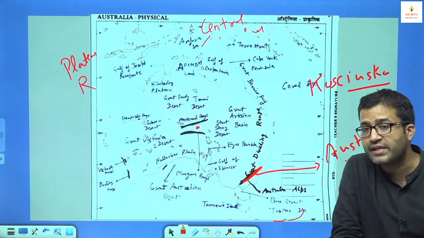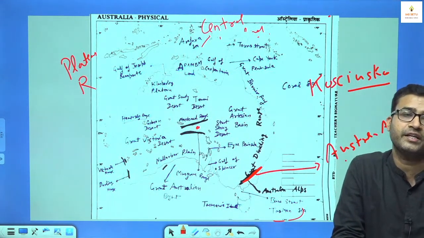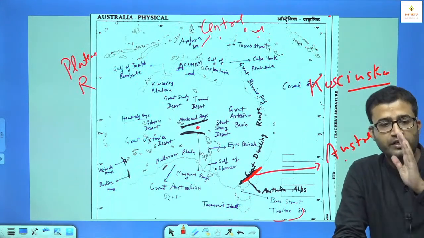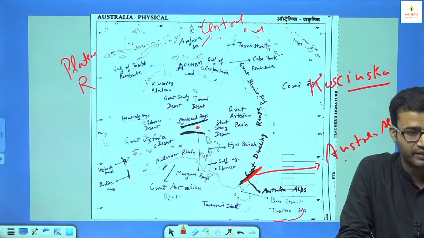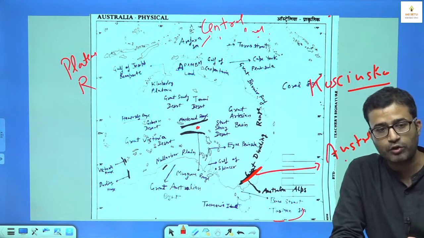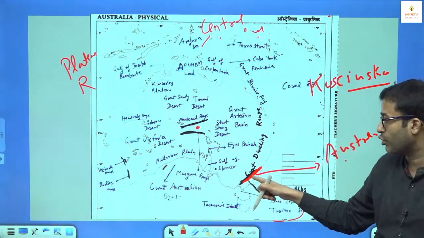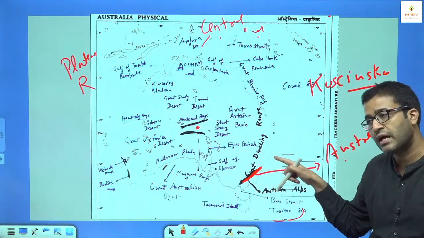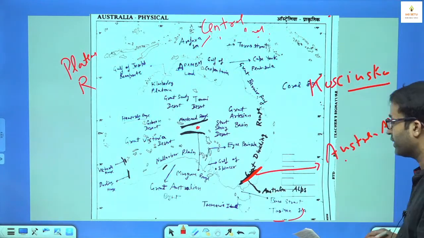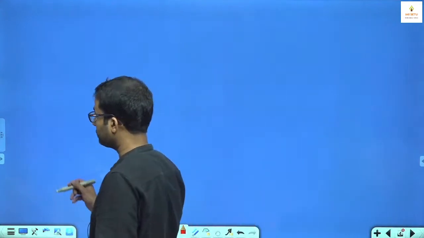But it is not the highest peak of the Oceania continent. That we will see in New Zealand. But the highest peak of the country Australia is Mount Kosciuszko, which lies in the Australian Alps. So we put the heading Australian Alps.